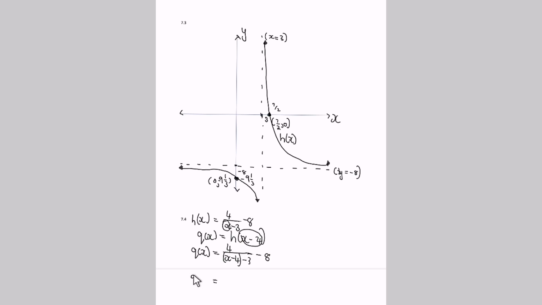That means q(x) is 4 over x, then negative 4, negative 3 is negative 7, minus 8. Then the vertical asymptote, just like the very first question 7.1, is based on this section. Therefore, we'll have x minus 7 equals 0. Therefore, x is equal to 7.